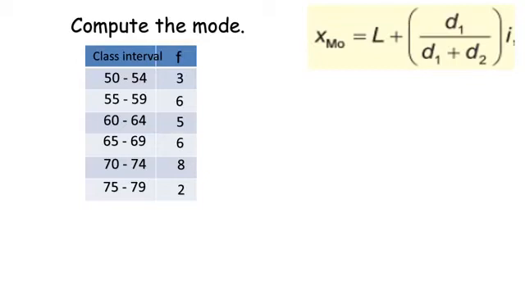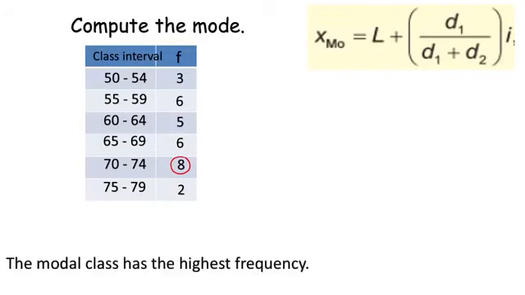What is the highest frequency here? 8. So 8 is the highest frequency. Therefore, this is the modal class over here. Okay, so take note. This is the modal class.